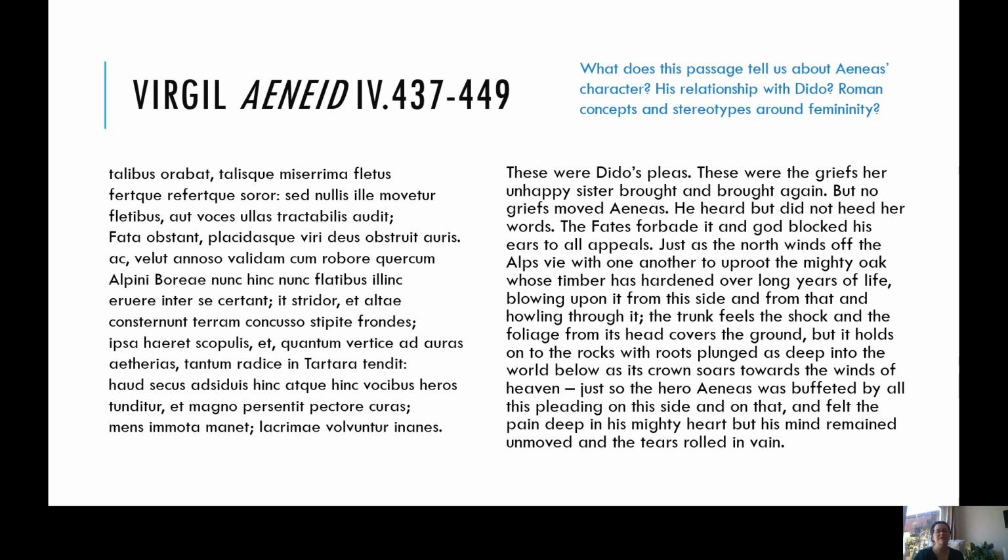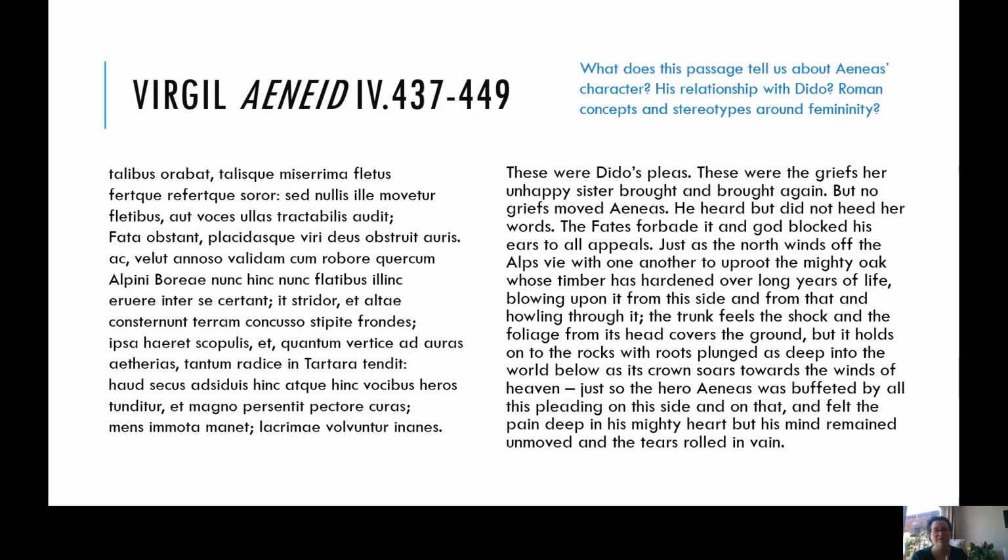So we have various ways in which Virgil is encouraging us to view Aeneas. I don't know if you noted down any thoughts, but certainly pretty standard interpretations are that Aeneas seems really quite cold, and that's emphasized because we have the extremity of the pain and the grief felt by Dido and her sister, miserrima fletus, and then this idea that this is kind of the repeated attempts, ferque, which is emphatically placed at the beginning of that line.